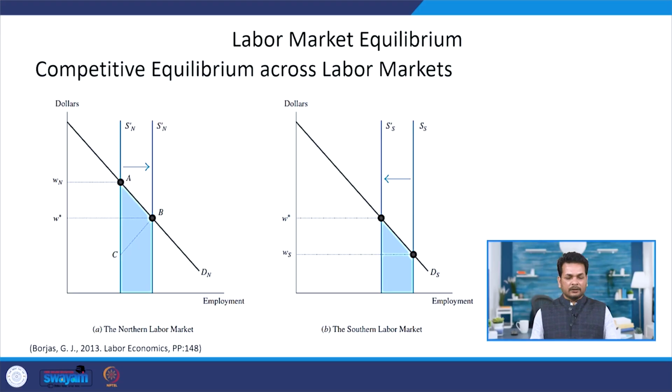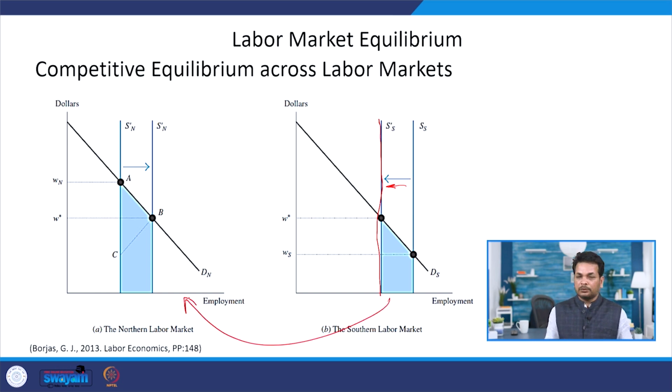So, if the workers are going to move from south to north, then what is going to happen? The supply is going to shift in the south labor market as the workers move from south to north, because the wage rate in the north is high as compared to the wage rate in the south.